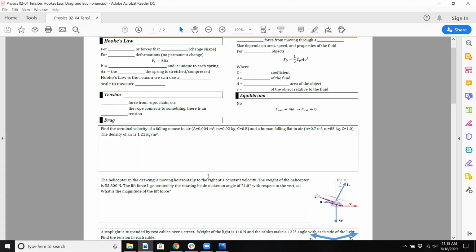Yeah, so tension is essentially, we're going to focus on this part right here where it says tension. The pulling force from a rope.